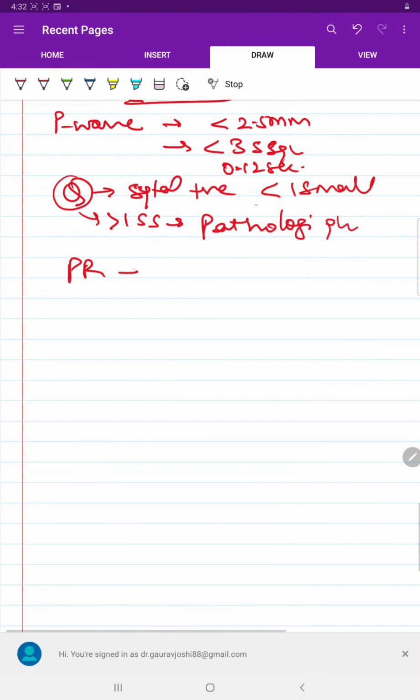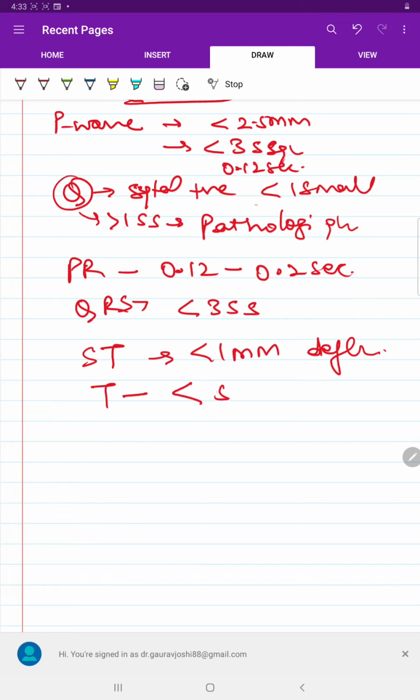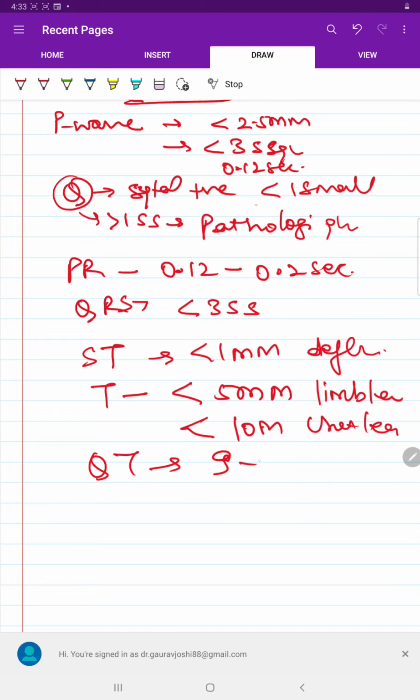Now the PR interval is 0.12 to 0.2 second. QRS is less than 3 small squares. The ST segment has less than 1 mm deflection. T wave is less than 5 mm in limb leads or less than 10 mm in chest leads. QT interval is 9 to 11 small squares.